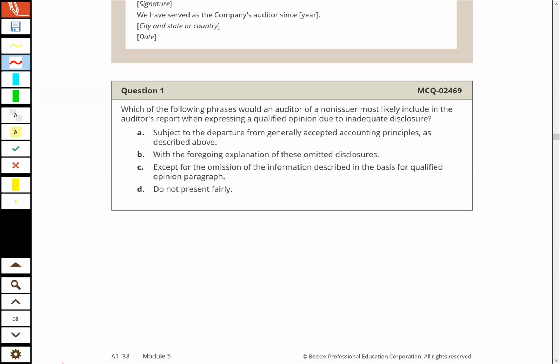When you look at this one, you've got to focus on what to include in the report when expressing a qualified opinion. Even though they asked what a non-issuer would do, it would be the same for issuers in that both had the phrase "except for."